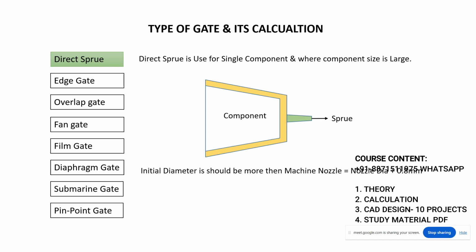Here the initial diameter should be more than the machine nozzle, so the nozzle diameter plus 0.8 or 1 mm you can take. 0.8 mm is not a specific value, you can take 1 mm also.